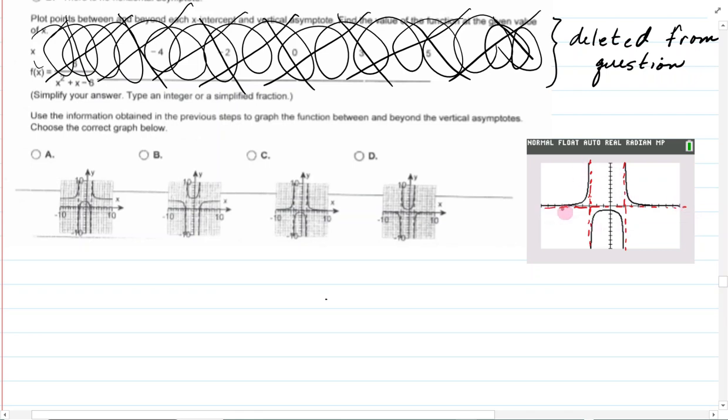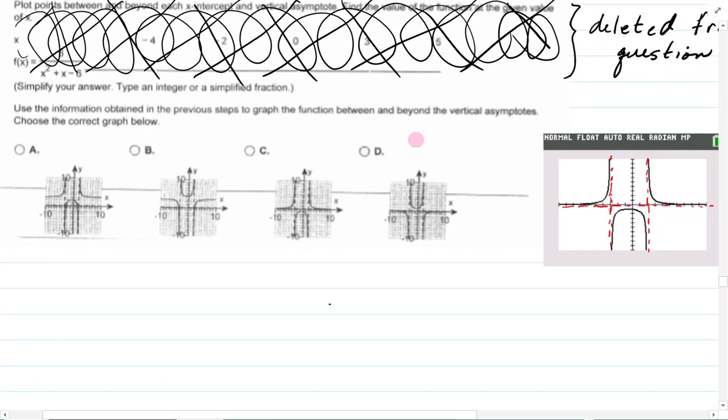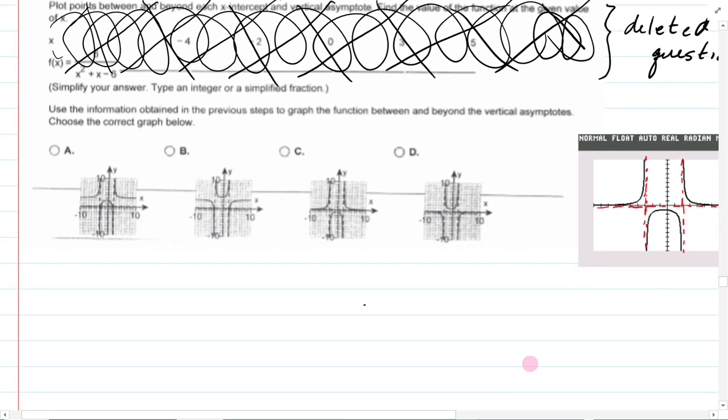Those dotted lines would be very important in trying to actually draw the graph. But all you have to do is match the graph, and you can easily see it is not this one. It looks like a reflection of it almost. This one looks like a possibility, so I'm going to hold off on that one. This one, no, it has been raised up and once again almost reflected.